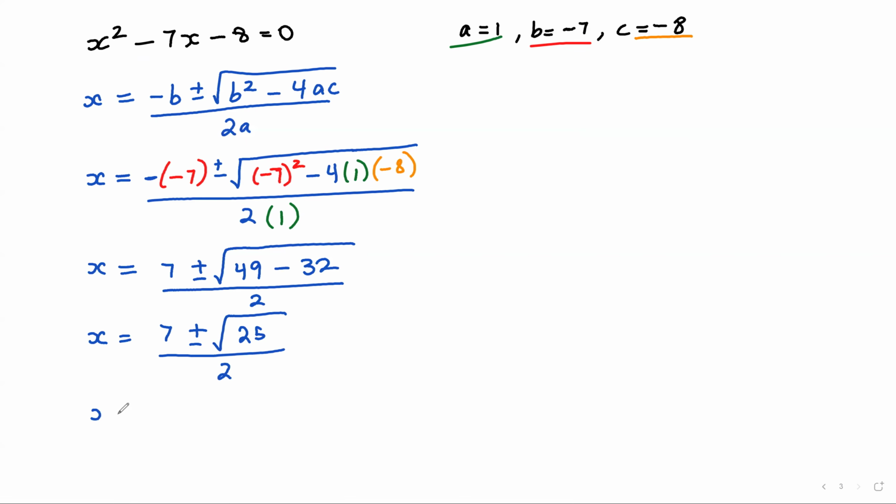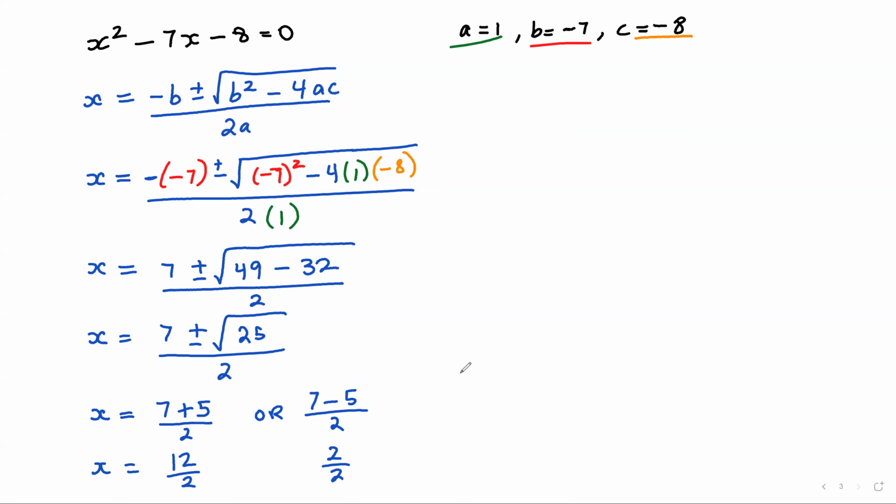Therefore, x would be equal to 7 plus the square root of 25, which is 5, over 2, or x is equal to 7 take away 5 over 2. That means x is equal to 7 plus 5 is 12 over 2, or 7 take away 5, which is 2 over 2.